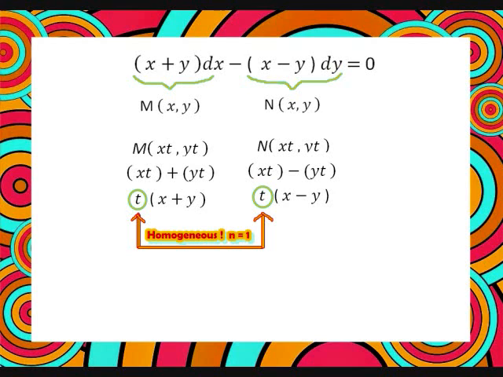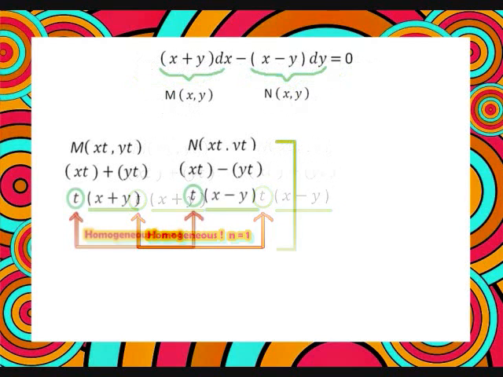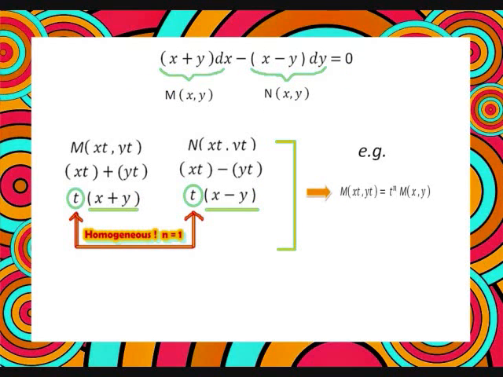Another thing to remember is that the function should be unchanged even if we multiply it by t. This whole thing right here is shown by this definition.